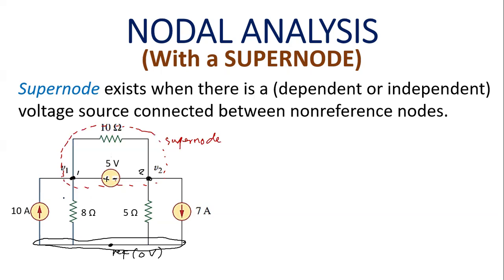Let's say this is current I1 and then current I2. We're not going to label the current in the 10 ohm resistor because it is part of the supernode. Let's then write the current equation at the supernode, applying KCL, Kirchhoff's current law.